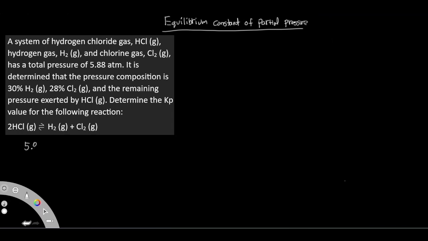We have a total pressure of 5.88. Okay, so I'll write this here, 5.88 ATM, and it has a certain composition. Okay, 30% is H2, so for our H2 here, well, it's 30%, right? So you just do 0.30 multiplied by whatever your total is here. It's 5.88. So what do you end up getting here for your H2? You end up just getting 1.76.